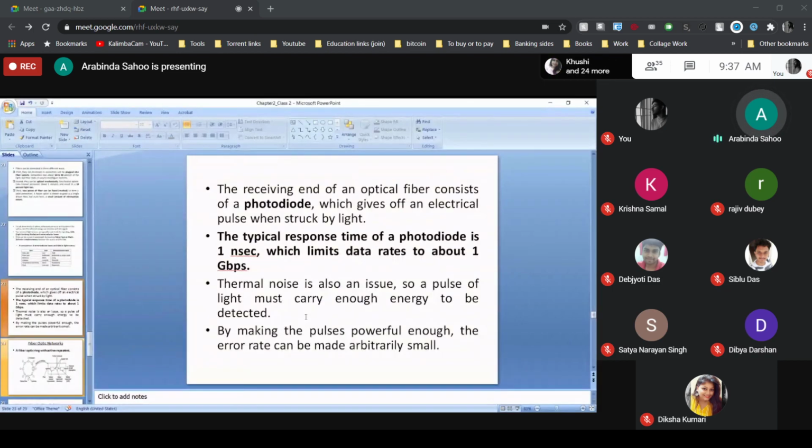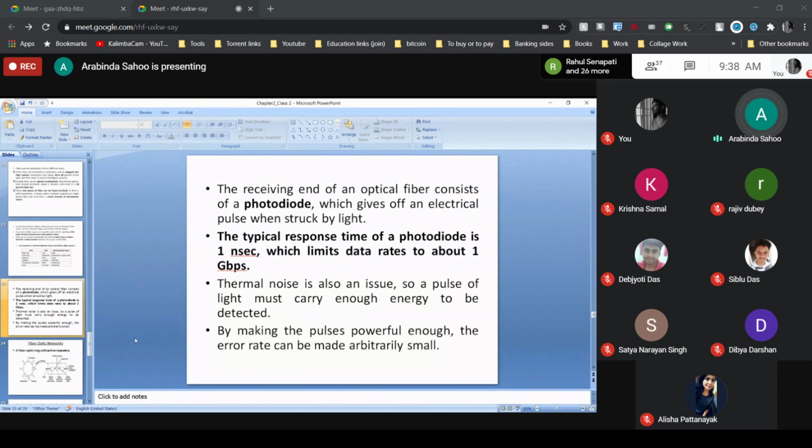So a pulse of light must carry enough energy to be detected at the receiving end. By making the pulses powerful enough, the error rate can be made arbitrarily small. Simply, it must have sufficient power or energy so that it can propagate from the transmitting end to the receiving end with minimal loss.